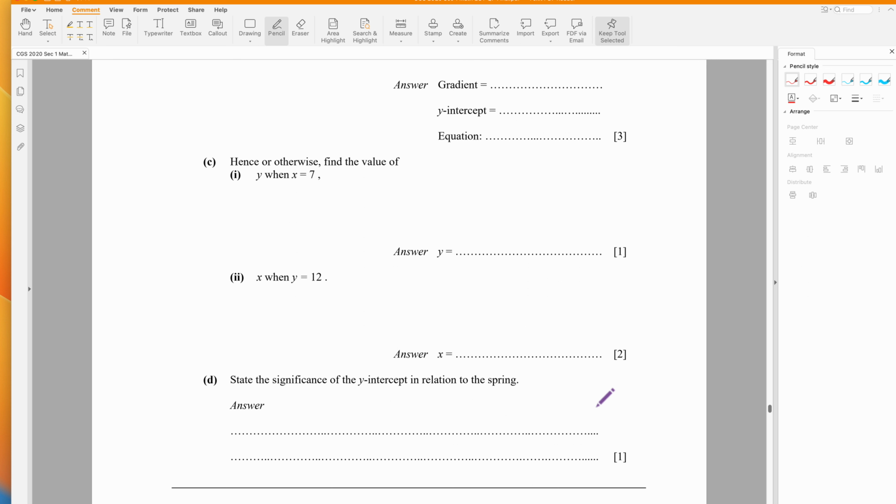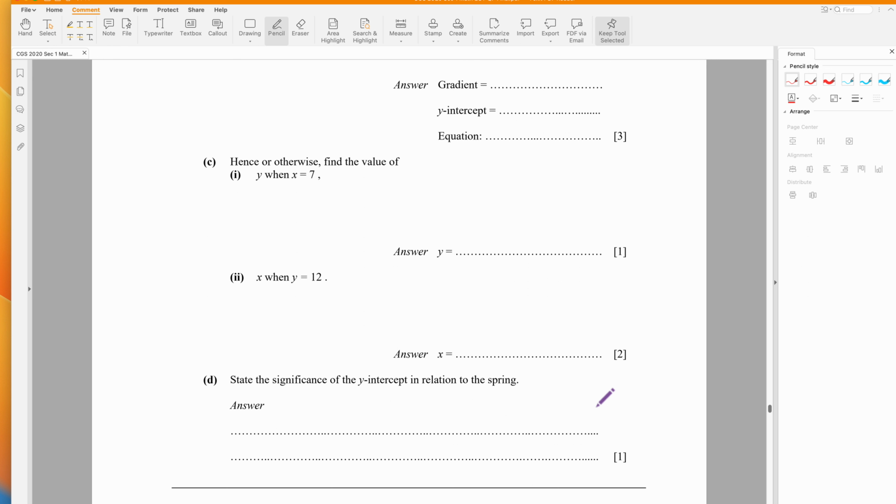X is 7. Then y equals 12. X equals 12? Y equals 12.